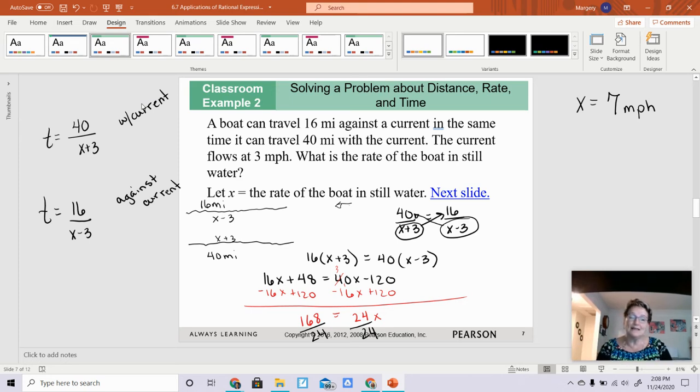If it was going against the current, I would take 3 from that, and it would be 4 miles per hour. If it was with the current, it would be 7 plus 3, which would be 10 miles per hour. They just want to know what it would be in still water, and it would be 7 miles per hour.